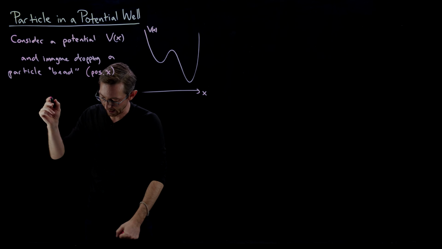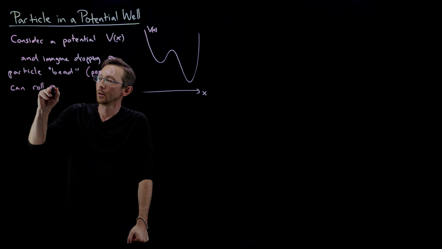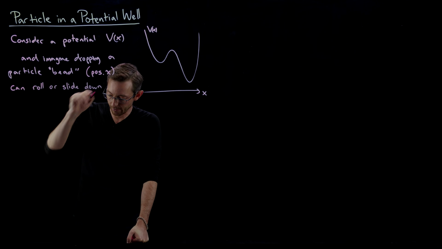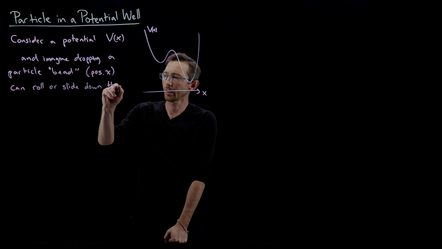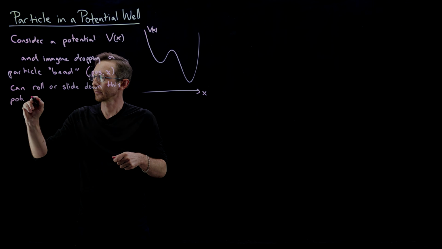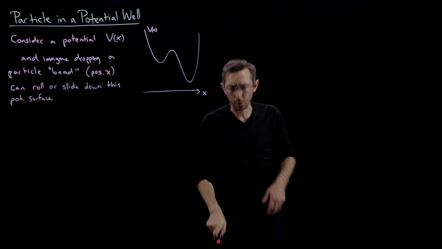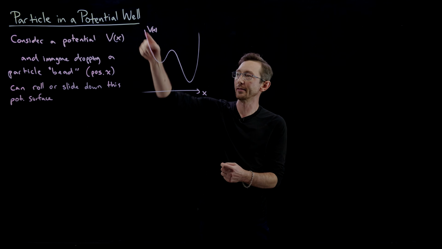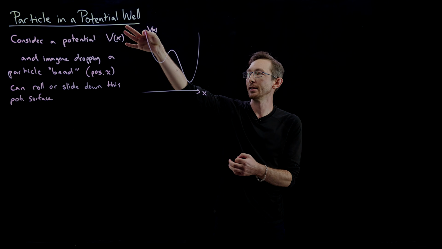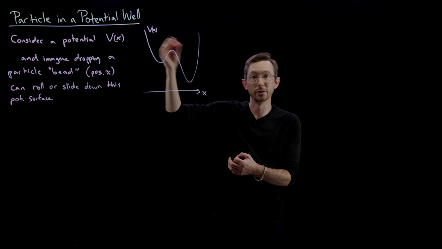This bead can roll or slide down this potential surface. Okay, words are not as important as the picture. The idea is that I have this potential surface, and I'm putting some particle or some bead on this, and it can kind of roll around or slide around on this potential and do its thing.